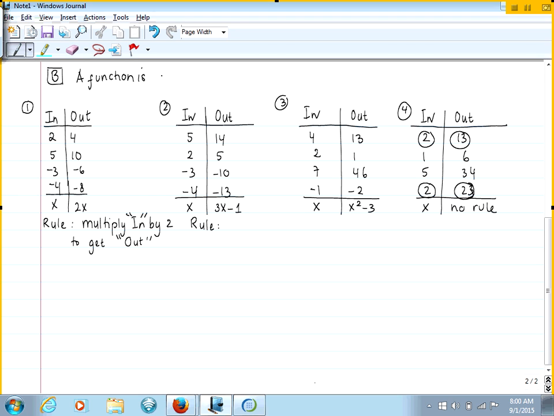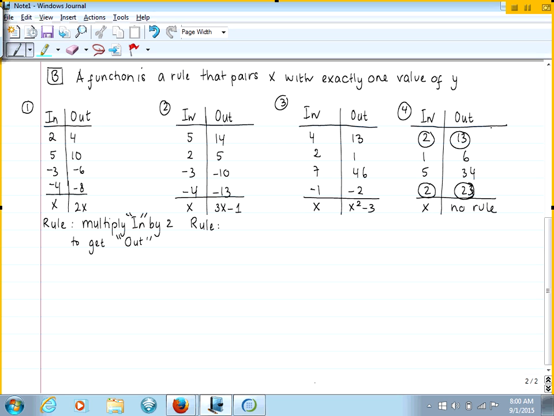So now let's define a function. What is a function? A function is a rule that pairs x with exactly one value of y, right?